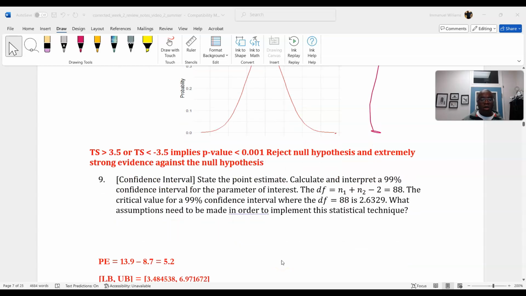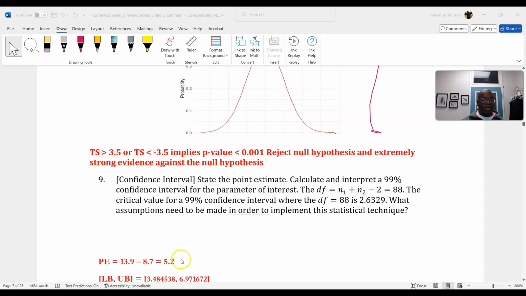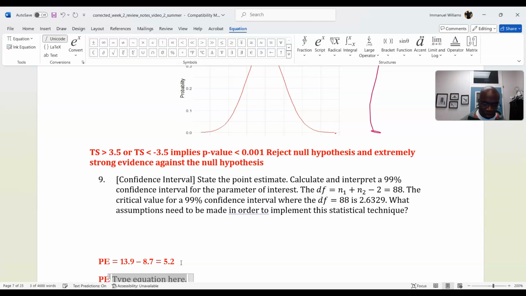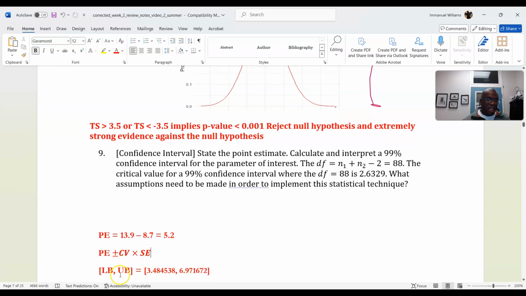Let's do it. So a point estimate is going to be 5.2 like we did before. The math behind it, I'm going to show a little bit more. This is really terse. It's going to be plus or minus our critical value times our standard error. That's how I got these values.